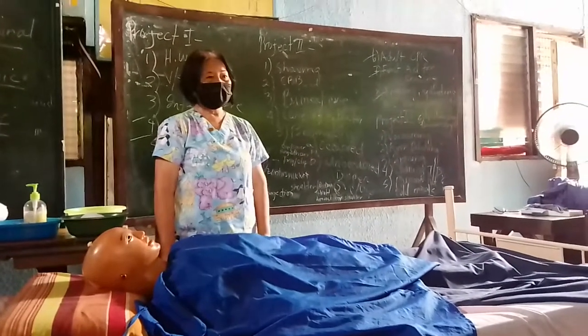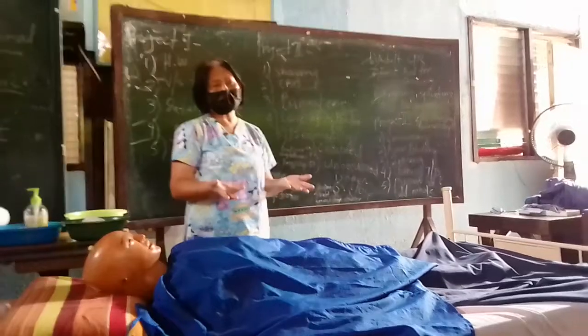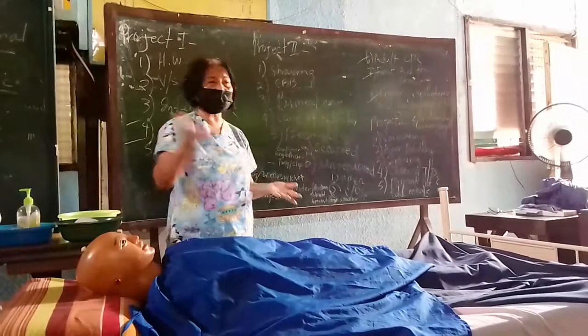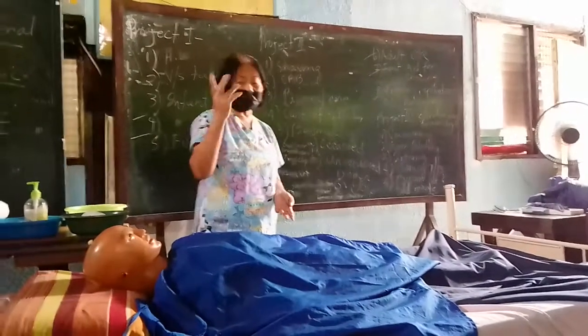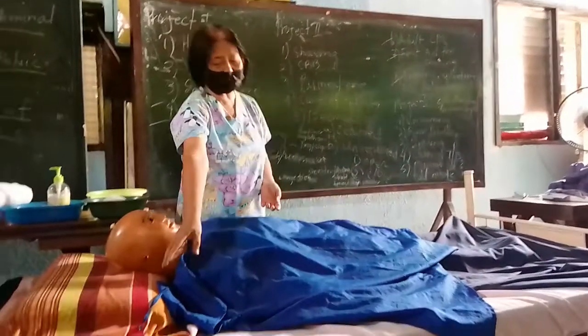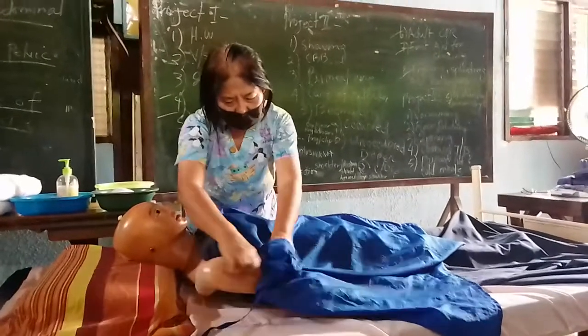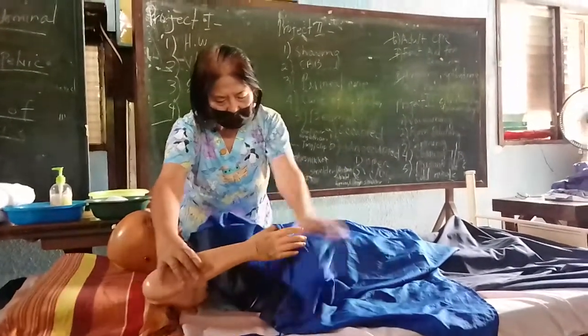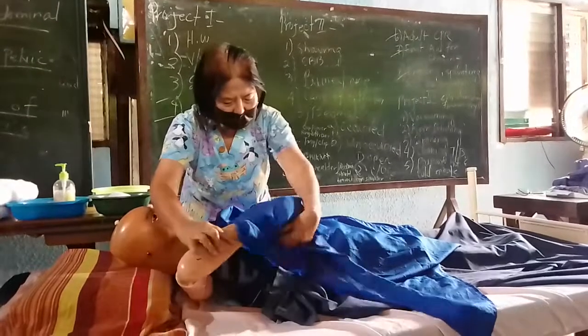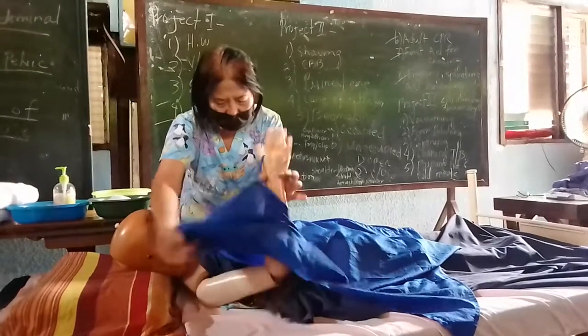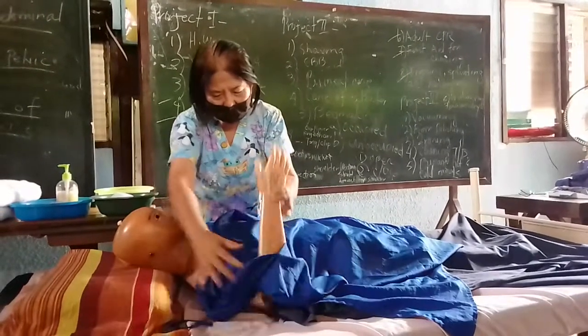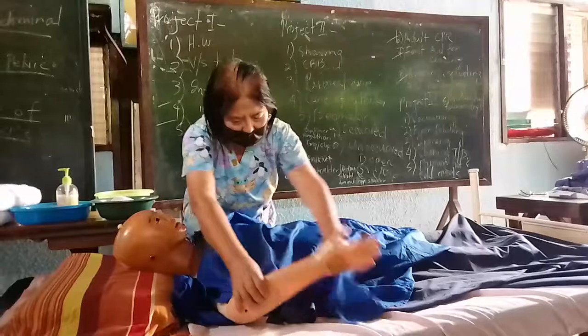When you remove it, you started with the unaffected. When you put it back, affected to unaffected. So this is the affected part, so I have to put it first. And then after that, towards the unaffected arm or hand.